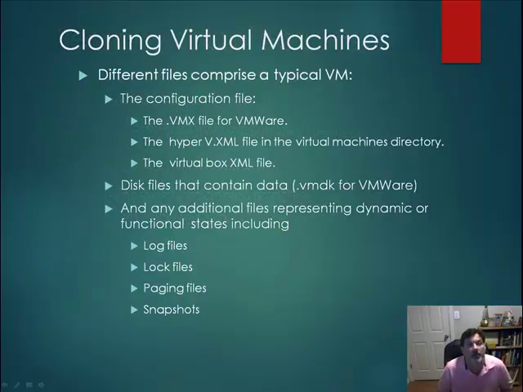So if we go back to the very first lecture or so, when we were talking about virtual machines in this series, we defined some files associated with typical virtual machines. And if we go back and review those, we will think about things like the configuration files. All virtual machines do have configuration files. For VMware, of course, the extension on VMware files is the .vmx file.